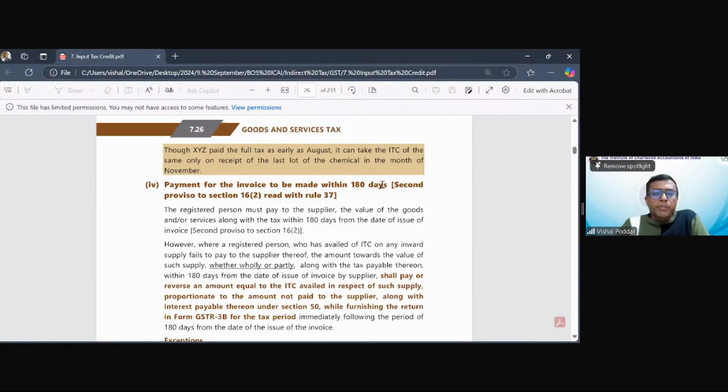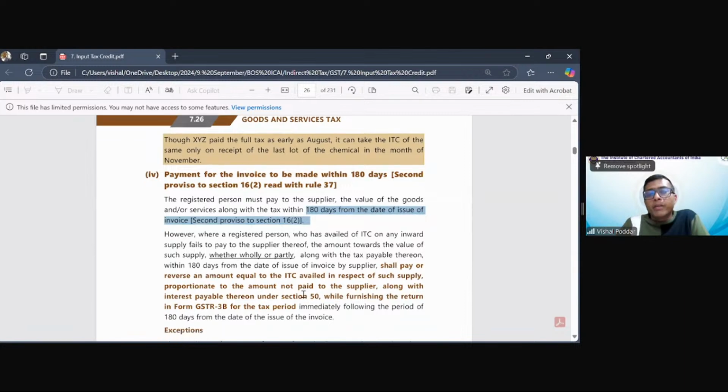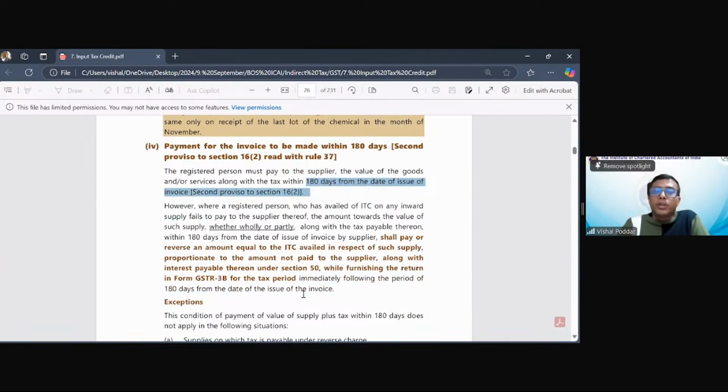The condition is if I have purchased the goods or services on credit, I have taken the ITC because all the above conditions are satisfied. But if this purchase is made on credit, that is without paying the amount, then there is a condition that I should pay this amount within 180 days from the date of issuance of the invoice. This is what is given in the second proviso of this section 16.2.